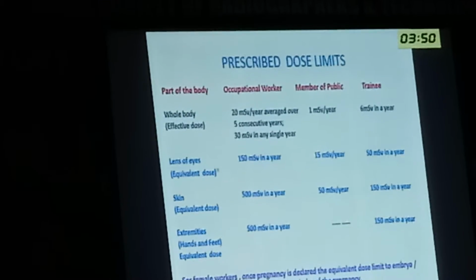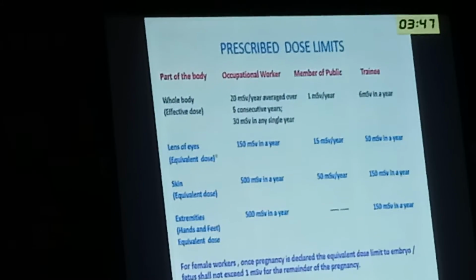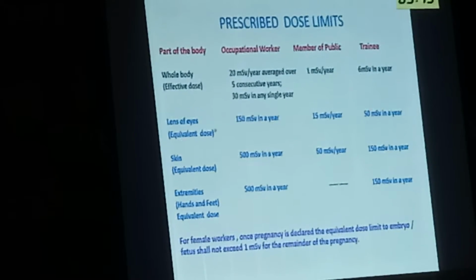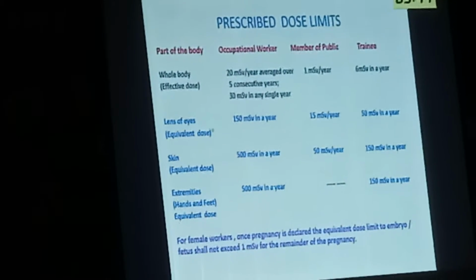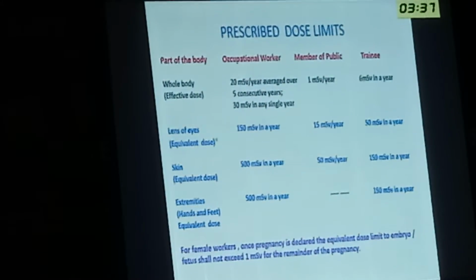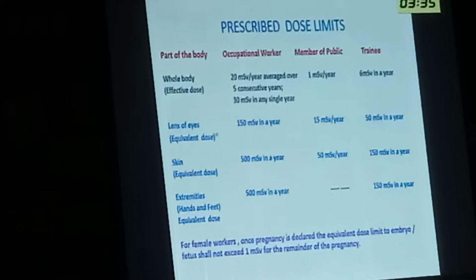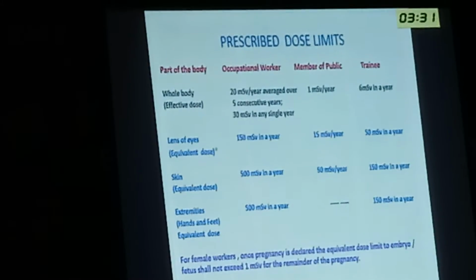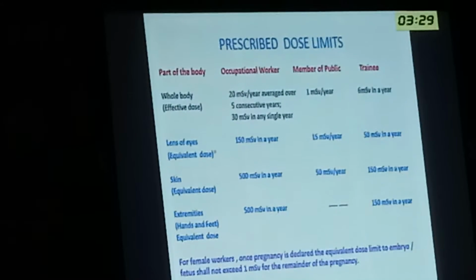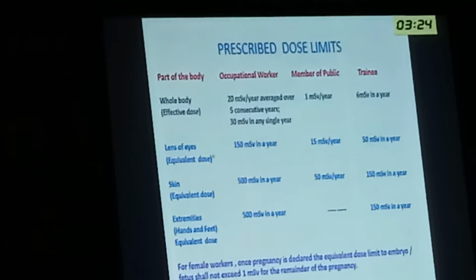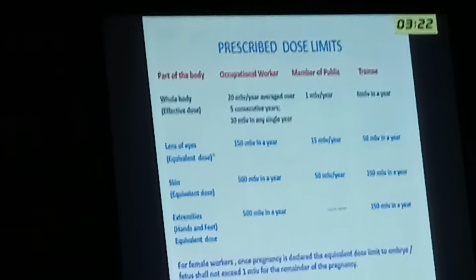And so what are the doses that have been recommended, or rather prescribed, by AERB for different applications of ionizing radiations. For an occupational worker, it is 20 millisievert per year averaged over 5 consecutive years. That means in 5 years it can go up to 100 millisievert, but in a single year it can go to 30 millisievert.